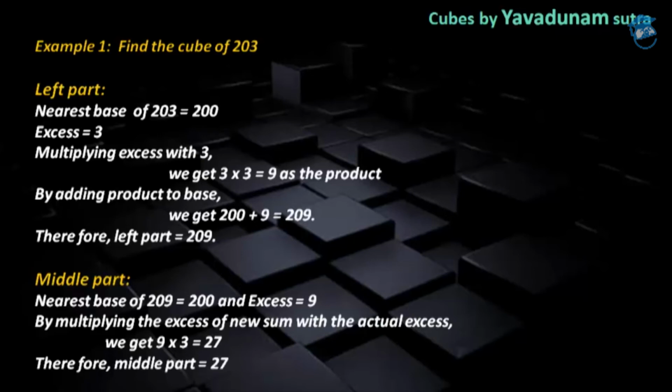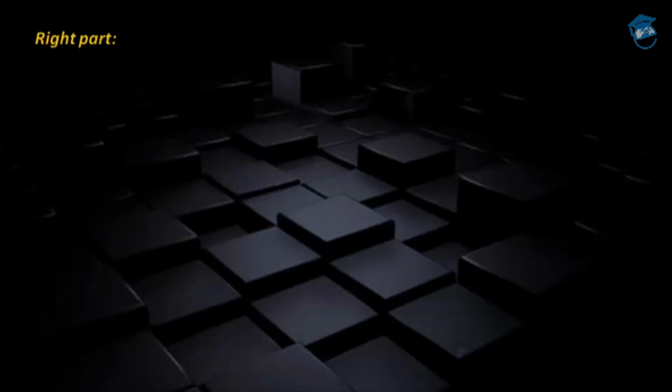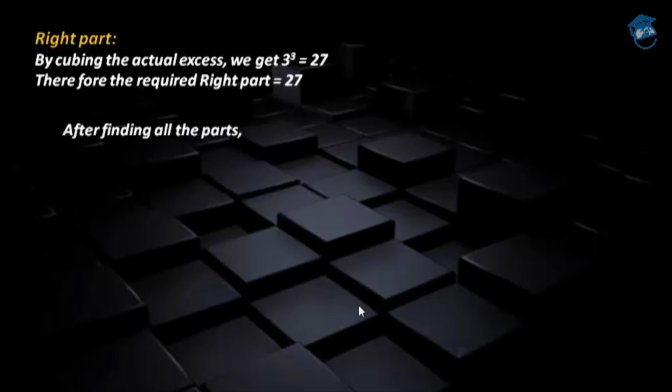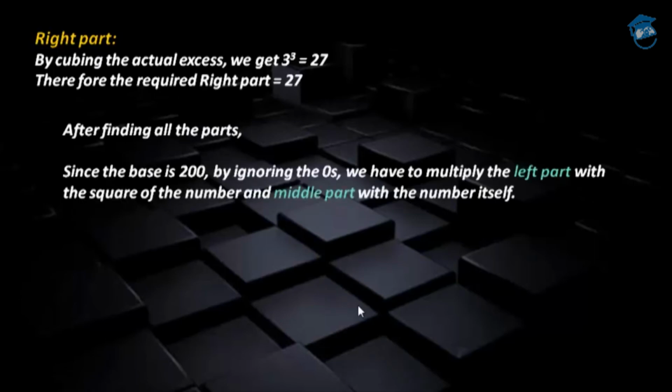After completing the middle part and moving to the right part, the first and last step is to find the cube of the actual excess. The actual excess is 3, and by cubing the number 3 we get 27 as the required answer, so 27 is the required right part. After getting all the parts, we take the base, which is 200, and ignore the zeros, so we get the number 2.